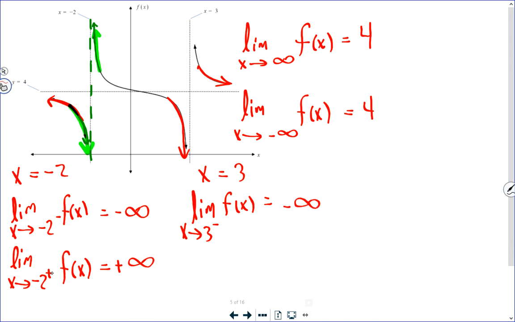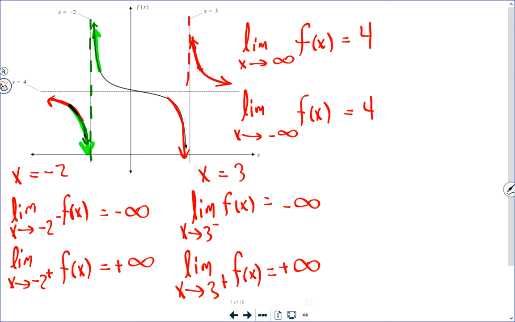And the limit as x approaches 3 from the right of the function, well, to the right of 3, over in this area, the graph is extending to positive infinity. So that's what the warm-up is getting you to think about: having these limits expressed in terms of infinity.